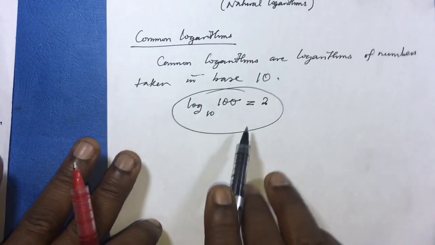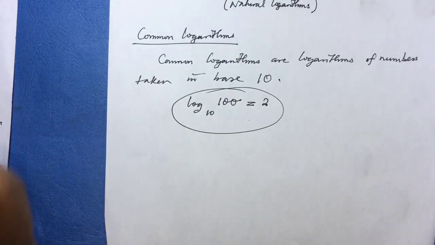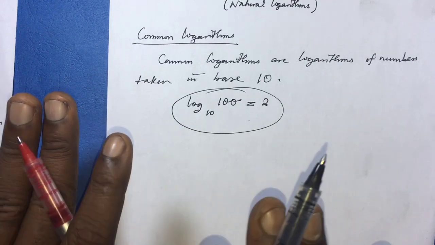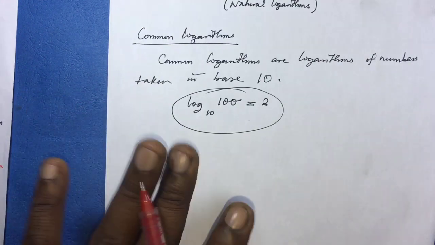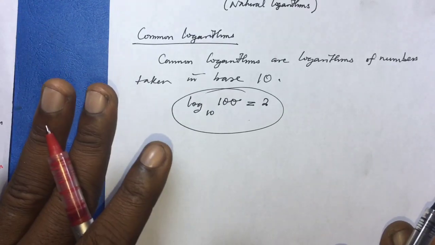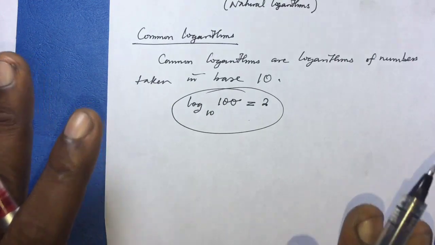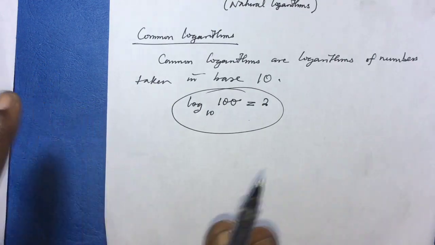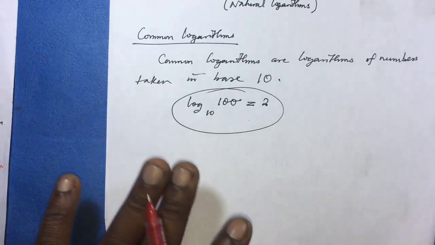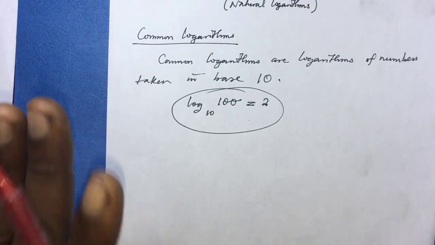So simply say the logarithm of 100 in base 10, or the common logarithm of 100.